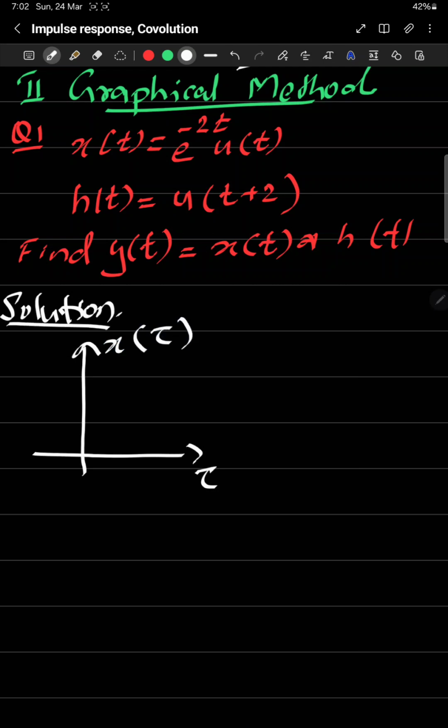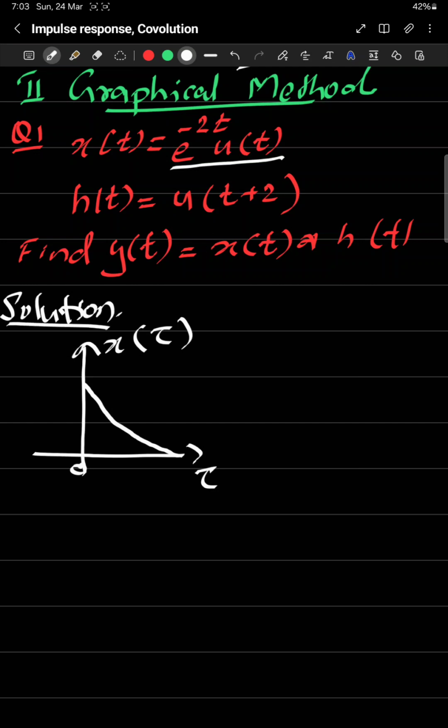X of tau is e raised to minus 2t into u of t. Hope you are able to draw this directly. The signal will look something like this. E raised to minus 2t is a decreasing exponential, but you have only the positive side, because I have multiplied e raised to minus 2t with u of t. So this is x of tau.